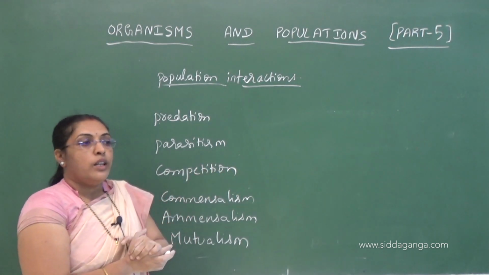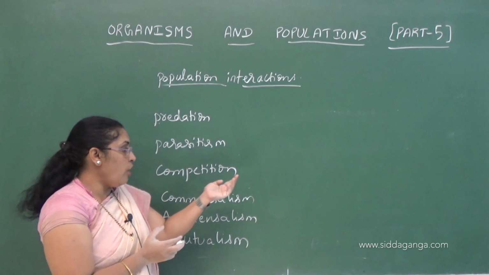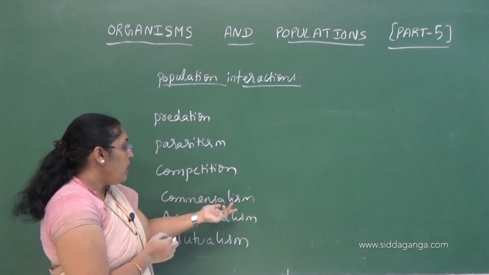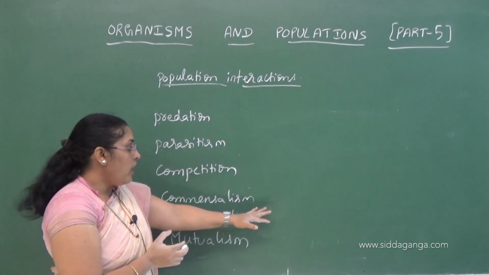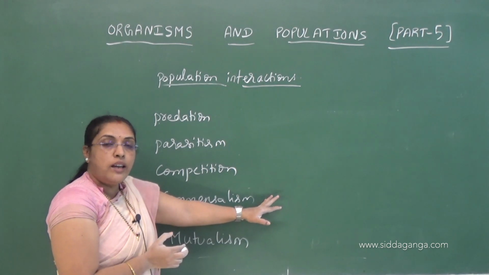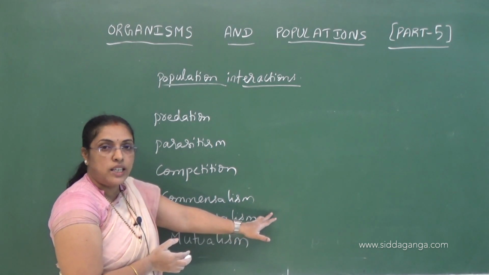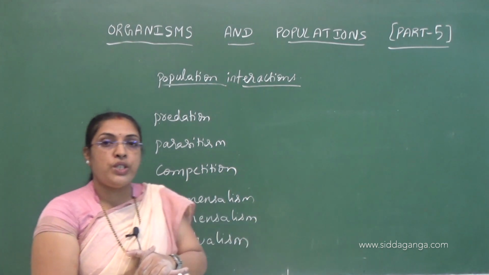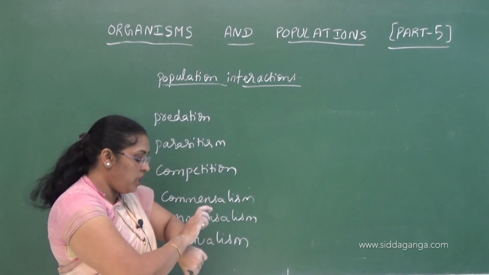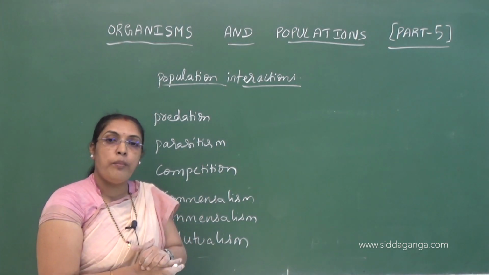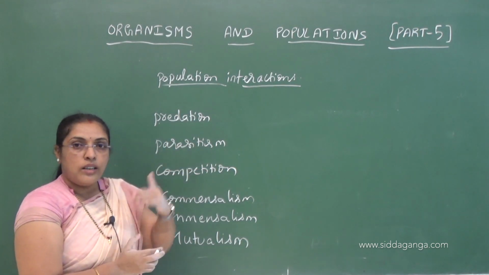The superior one may survive and the inferior one may be eliminated or become extinct. In commensalism, one species is benefited, the other is neither harmed nor benefited. In amensalism, one species is harmed, the other is neither harmed nor benefited. Whereas in mutualism, both species are benefited. Understood? We are going to discuss this in our coming classes.